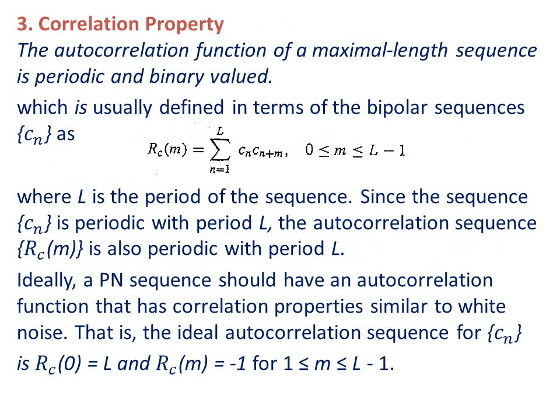The third important property is the correlation property. It states the autocorrelation function of a maximum length sequence is periodic and binary valued.